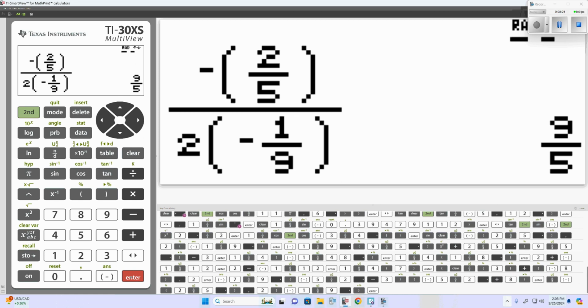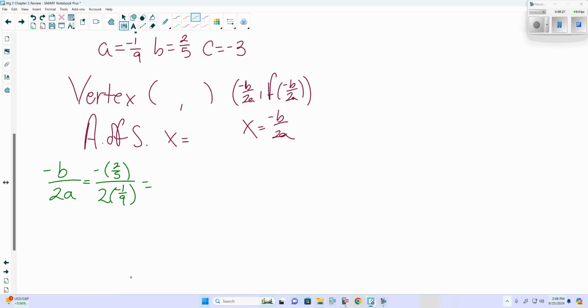Stick it into the calculator just as you have it right there. Let it do the calculations for you. Negative b over 2a for this here is 9/5. So that tells us the x value of the vertex, our negative b over 2a, is 9/5. Axis of symmetry was x is equal to negative b over 2a.